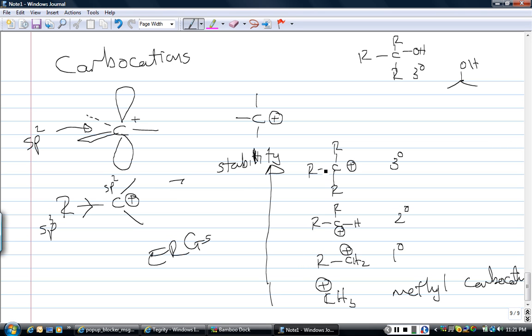What they also do is that in the process of dumping electron density on the carbon, the charge on the carbon falls. So it's no longer a plus charge localized on the carbon. What you get instead is this. Because the R's have pushed electrons away from themselves, they acquire a delta plus charge.